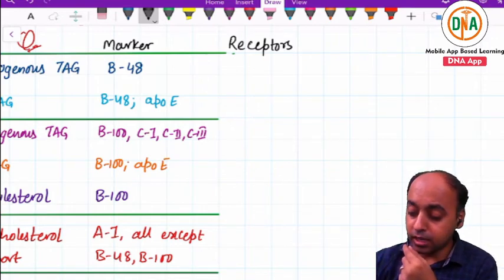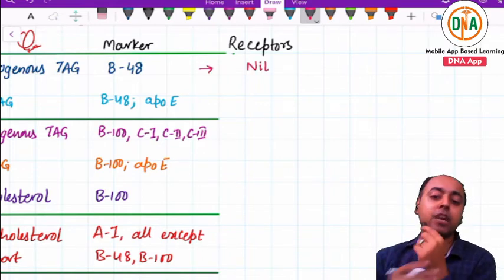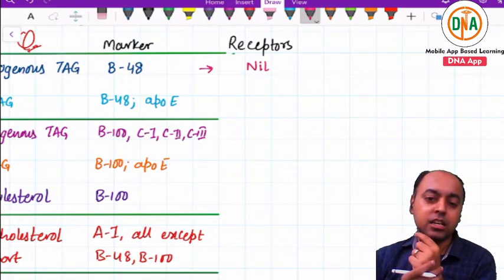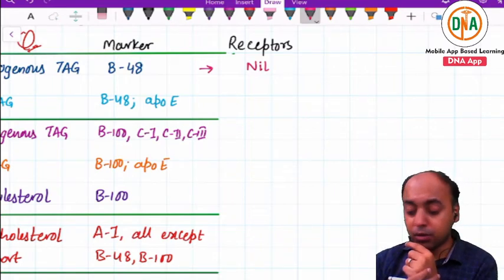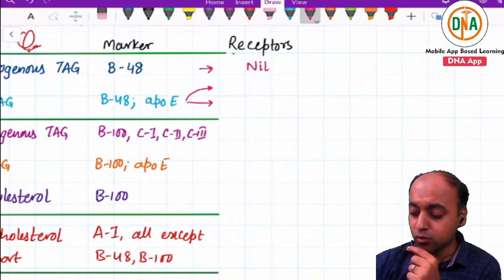So I'll quickly highlight the markers. Okay, B48, I told you it is an incomplete apolipoprotein, so it doesn't have a receptor. ApoE is identified by two receptors.